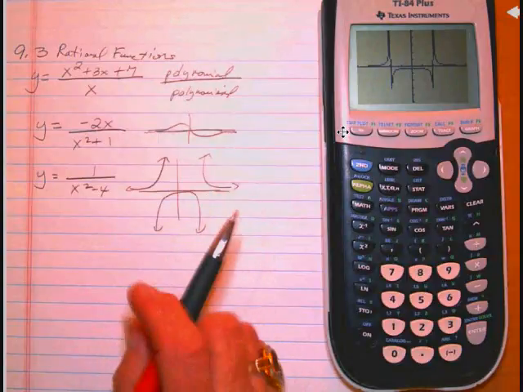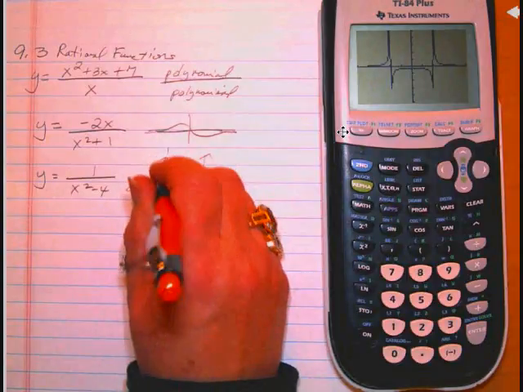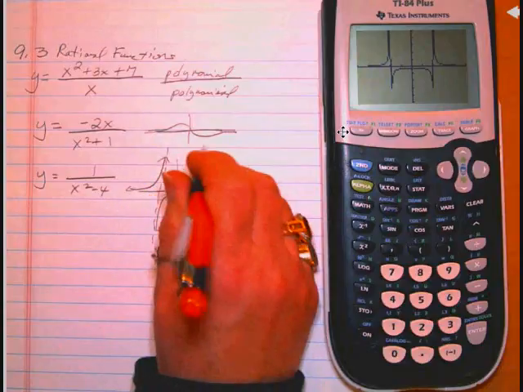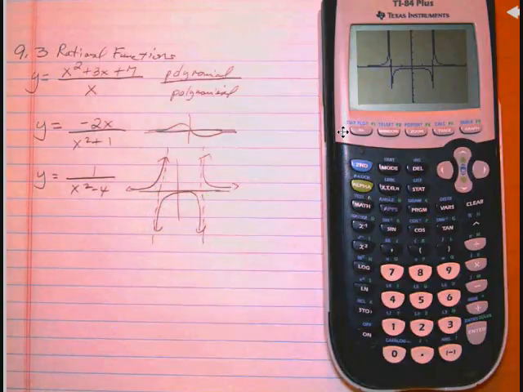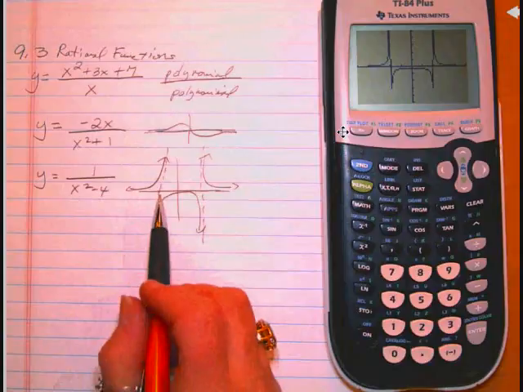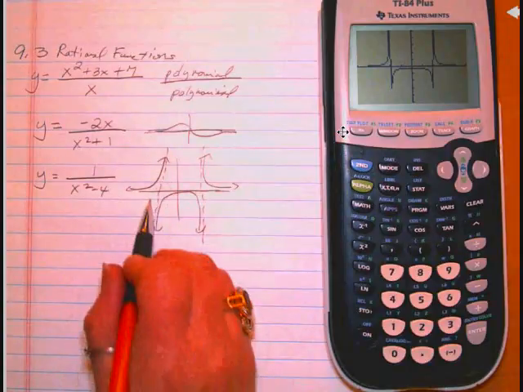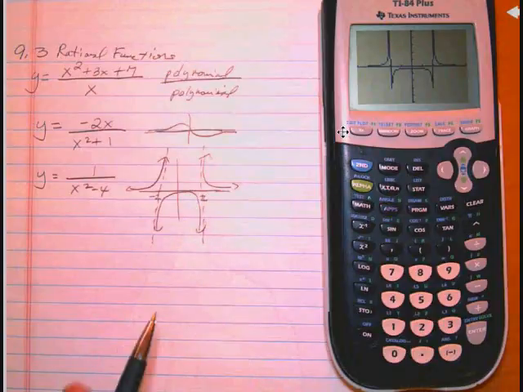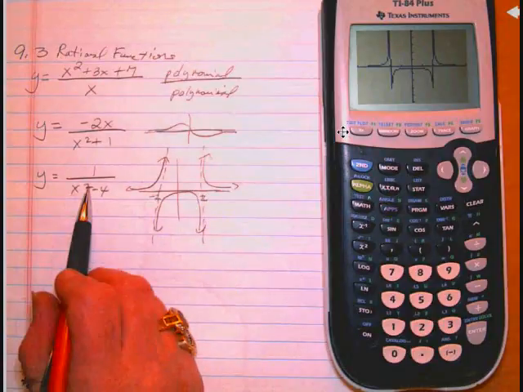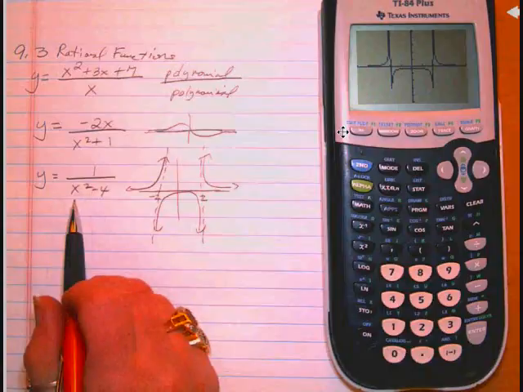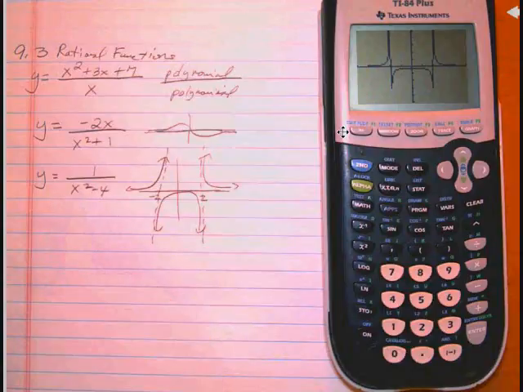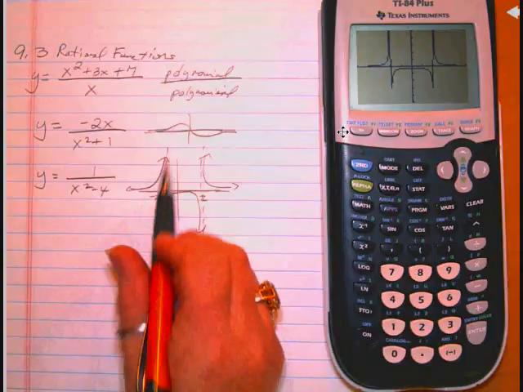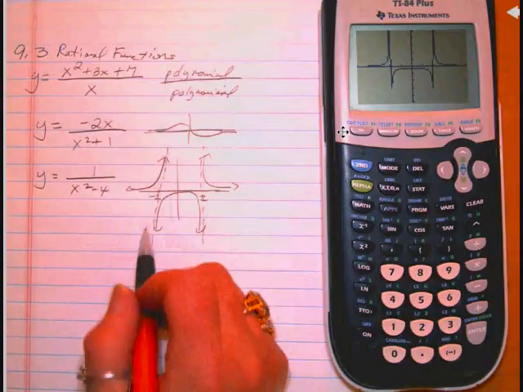And it also has 2 vertical asymptotes. The asymptotes are happening around the numbers -2 and +2, because if I square -2 and subtract 4, I get 0. So I have that 0 in the denominator like we dealt with in yesterday's functions. That makes a discontinuity in my graph.